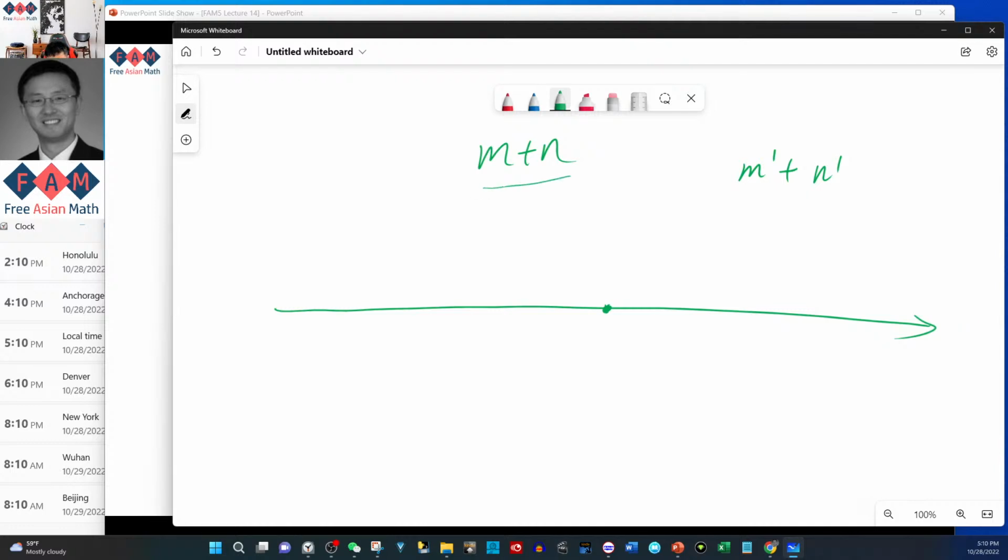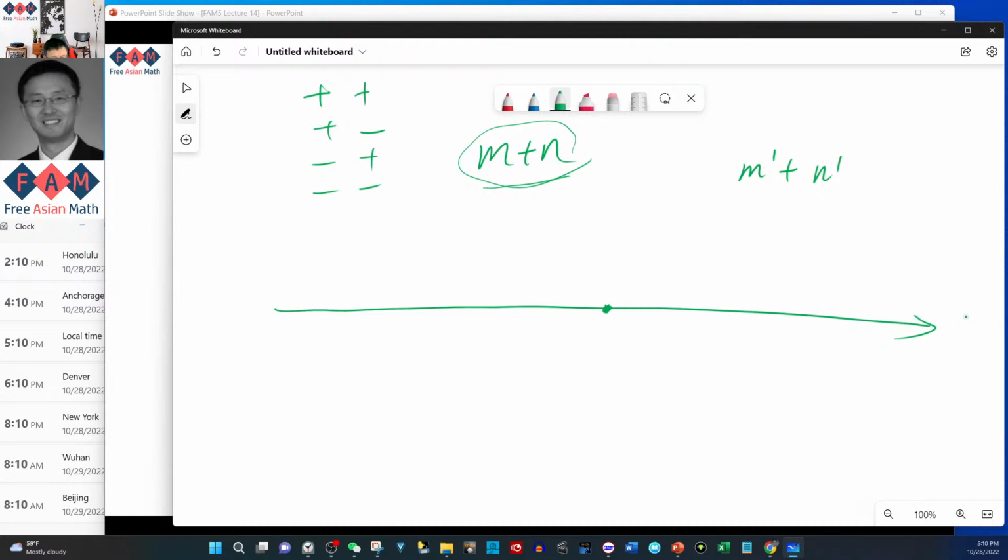Because how to evaluate this is really just counting upward or counting downward, depending on the sign of m plus n. As we said, there are actually four combinations: positive, positive; positive, negative; negative, positive; or negative, negative.